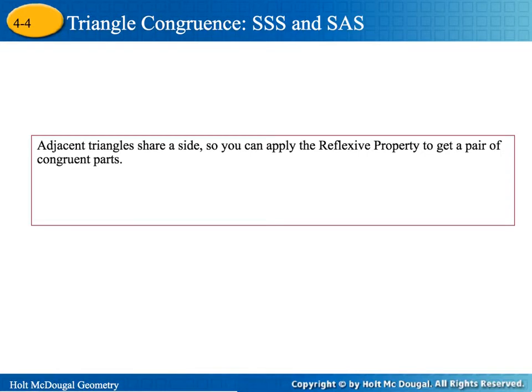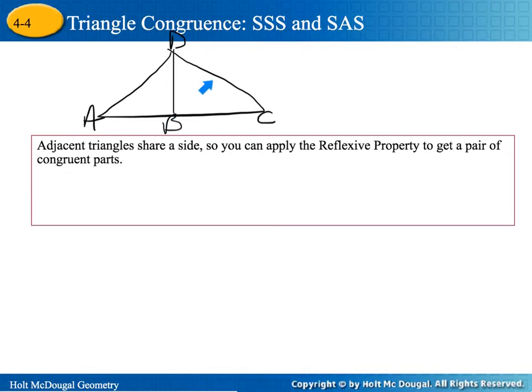Alright, so adjacent triangles share a side, so you can apply the reflexive property to get a pair of congruent parts. What this is saying is if a diagram looks like this, we can use the fact that DB is a line to both this triangle and this triangle.